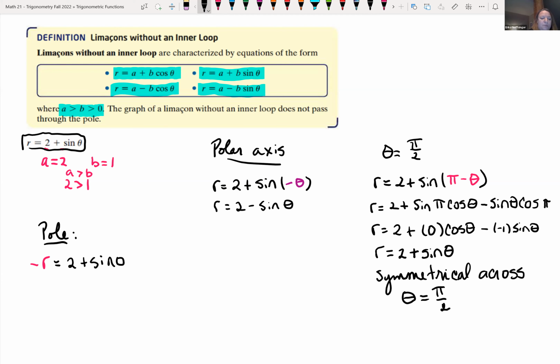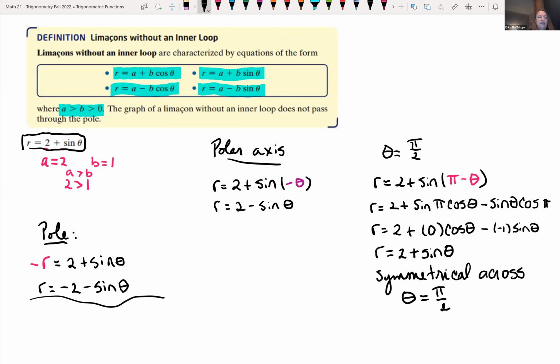To get r positive, we would multiply both sides by -1. And doing that, we would get r equals, well, I'd have to distribute the -1 on the right-hand side. So I would get -2 minus sine theta. So this does not equal my original equation. So this doesn't tell me that it's symmetrical across the pole or not.